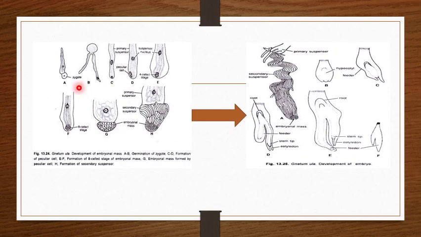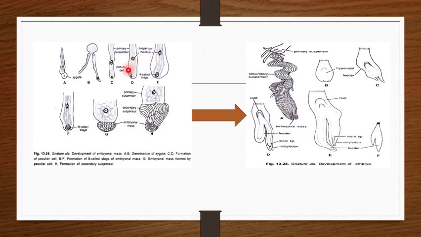As in the case of Gnetum ula, a small cell is cut off at the tip of the tube, called the peculiar cell. This peculiar cell soon divides and forms a group of cells.